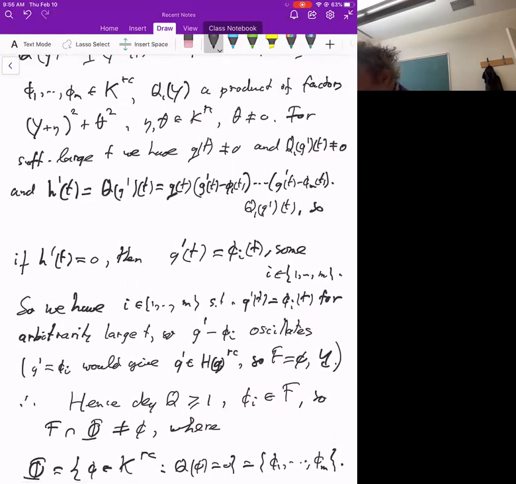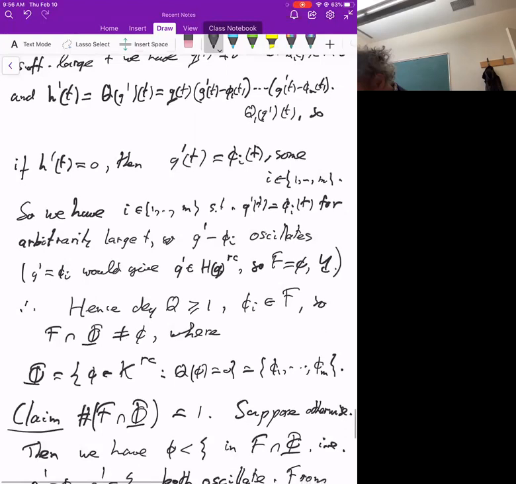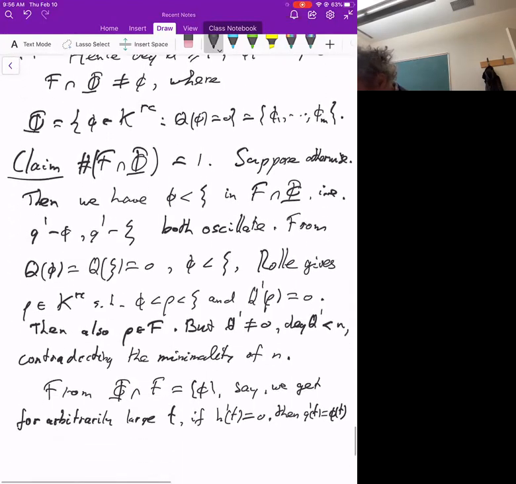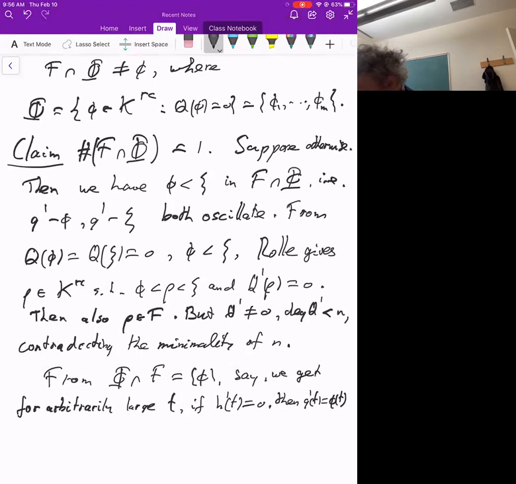H prime t is q t times g prime t minus phi 1 t. So phi is one of those phi i's, and so whenever h prime t is 0, g prime minus all the other phis will not be 0. So it's only for this particular phi that it will be possible to be 0 for arbitrarily large t. Right.